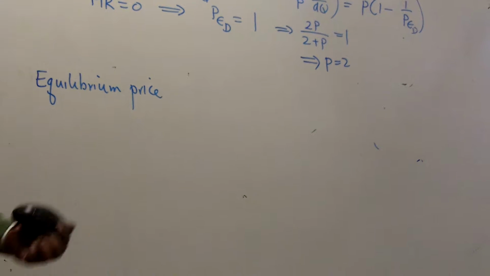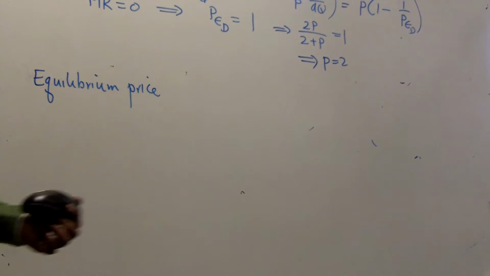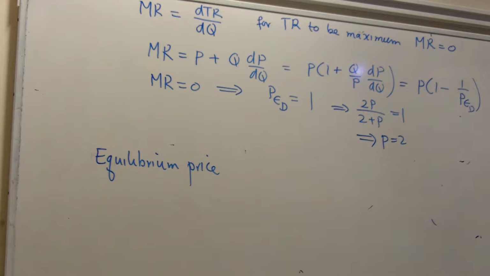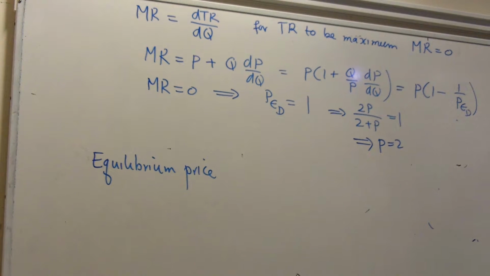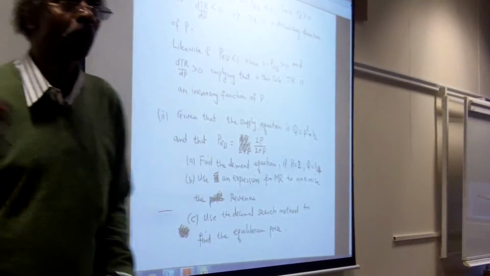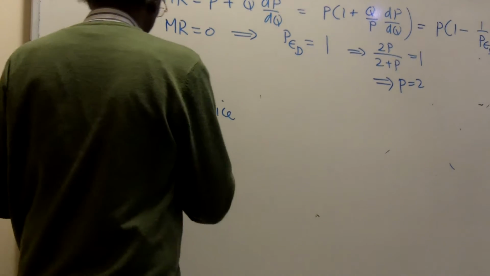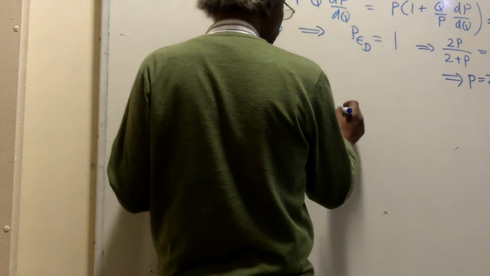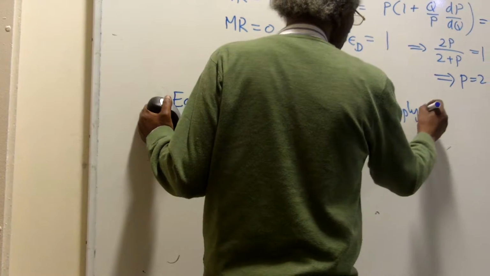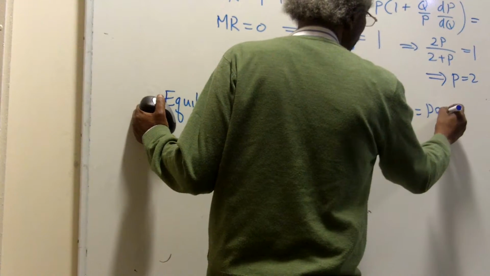Equilibrium price is when the demand and supply are the same. So that is the supply equation, and we have got the demand equation a minute ago by solving a differential equation. So equilibrium price is when supply is equal to demand.